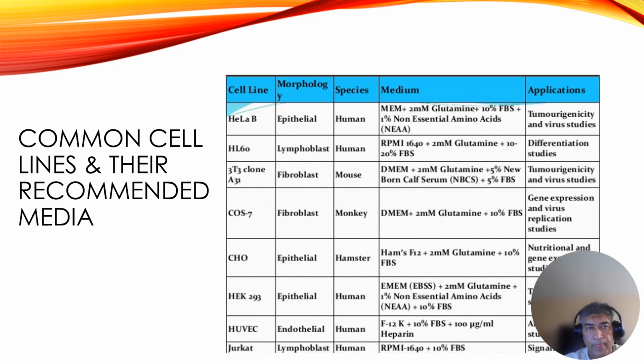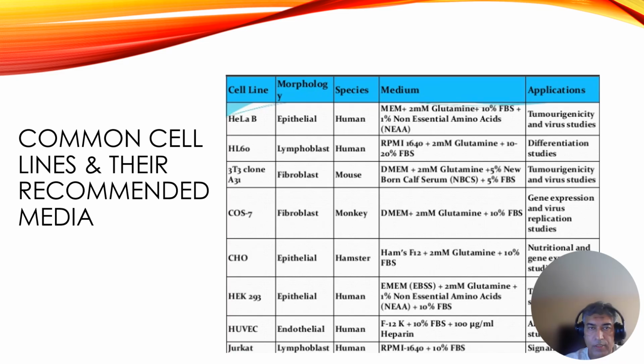HeLa is an epithelial origin cell line from human, and it requires MEM plus glutamine plus FBS and non-essential amino acids. This cell line is used for tumorigenicity and virus studies.